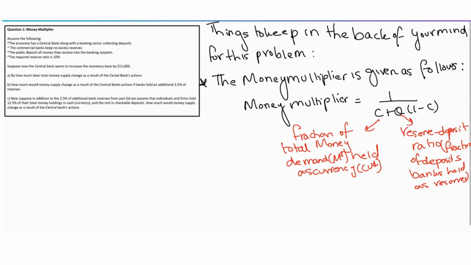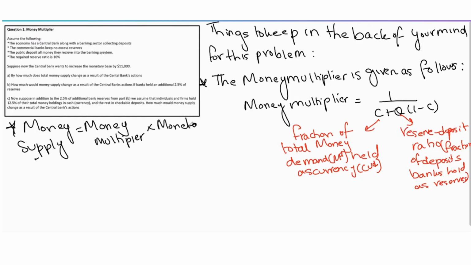The second thing that we should keep in mind before we proceed with the problem is, we know that the money supply is given to us as the money multiplier times the monetary base.